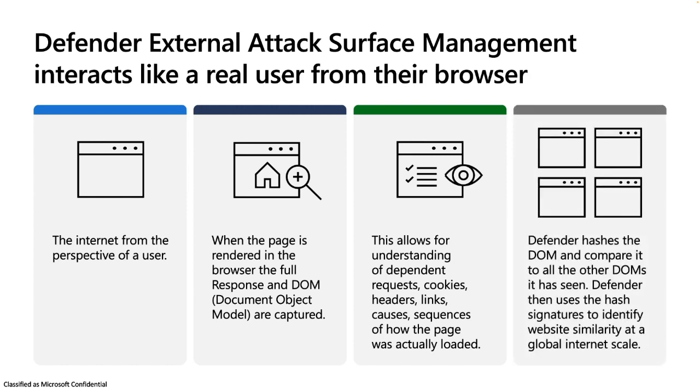Now, all this information helps to then build a picture and help you understand how your attack surface is performing and how people are potentially engaging with it. And we can also then start building signatures on top of this information. So once we've collected all this information and we do go down to that DOM level, we can help you to understand vulnerabilities and issues through our global internet data sets.